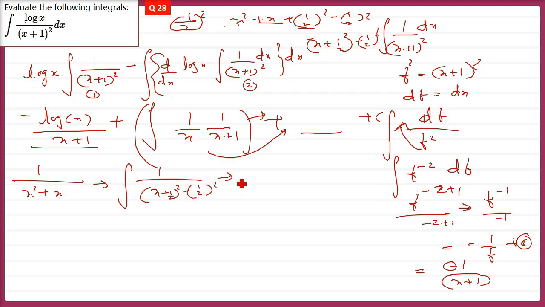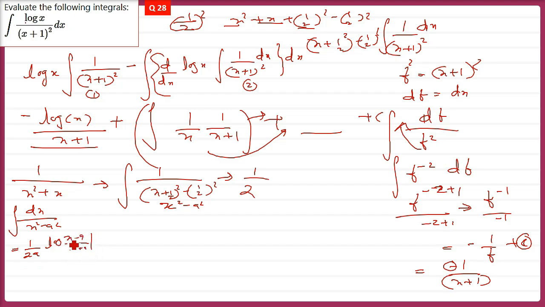And you already know the formula directly: 1 by 2a log of x minus a by x plus a, because this is simply integration of 1 by x square minus a square. So integration of dx by x square minus a square will give us 1 by 2a log of x minus a by x plus a, which has to be inside the modulus sign.